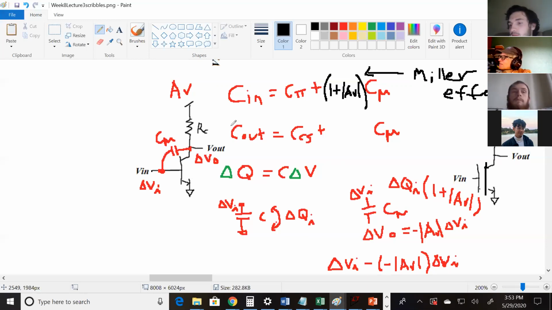Like their capacitance values change depending on how fast your frequency is? They don't change on the frequency, but they change on the voltages. So if you put a different voltage on a base, you'll actually see a different capacitance, but that math, leave that to the simulator. The equations are just too crazy.